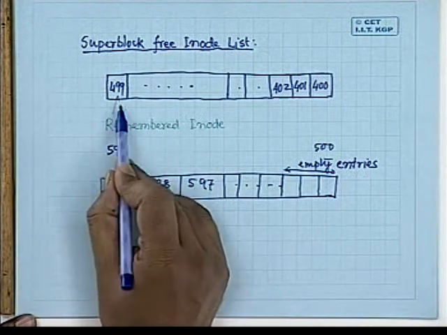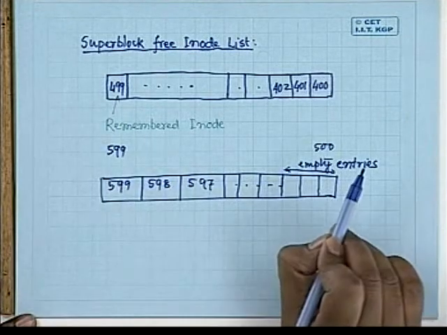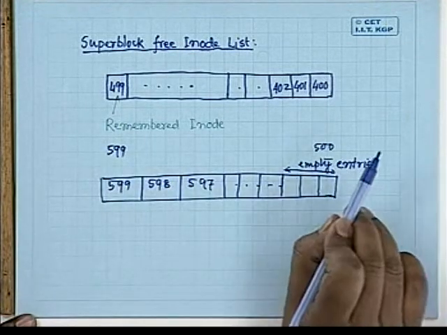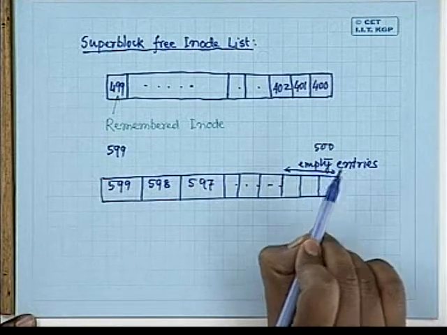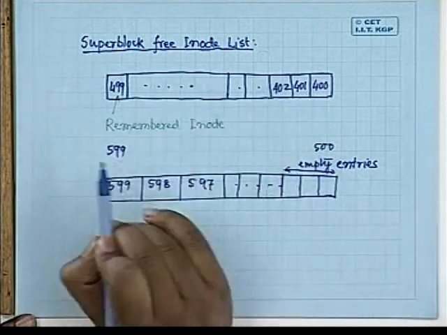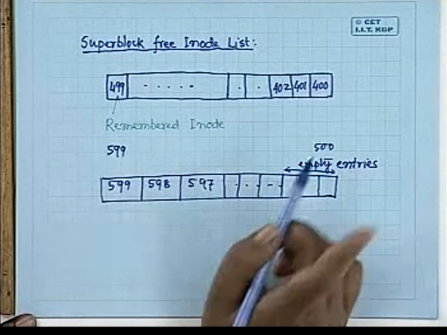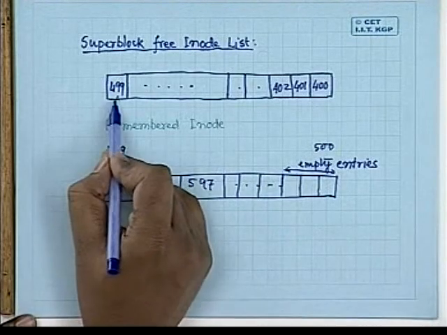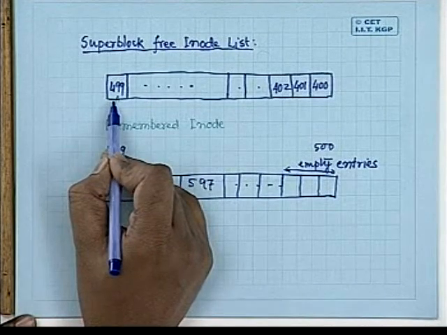So you simply mark inode number 512 on the disk as unallocated. Next time when the superblock free inode list becomes empty and you search for unallocated inodes, the search will start from 499 and eventually it will come to inode number 512, so that can be allocated.